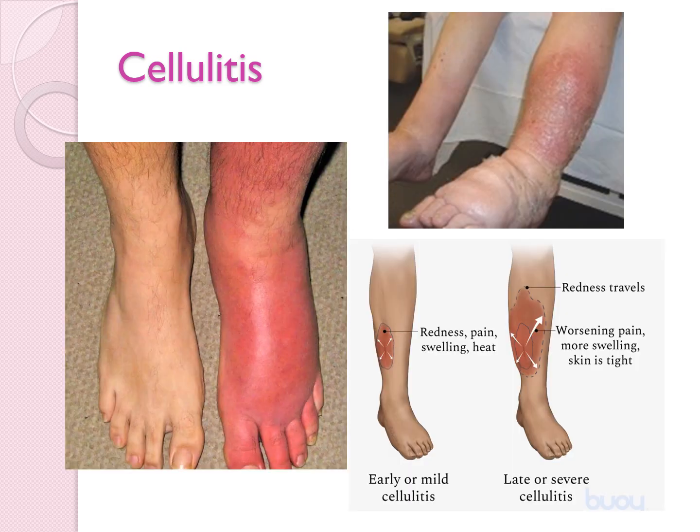So here we've got some images of cellulitis, that swelling, that redness, tenderness. In that top right picture, we can see that the skin is kind of almost ruffling down.